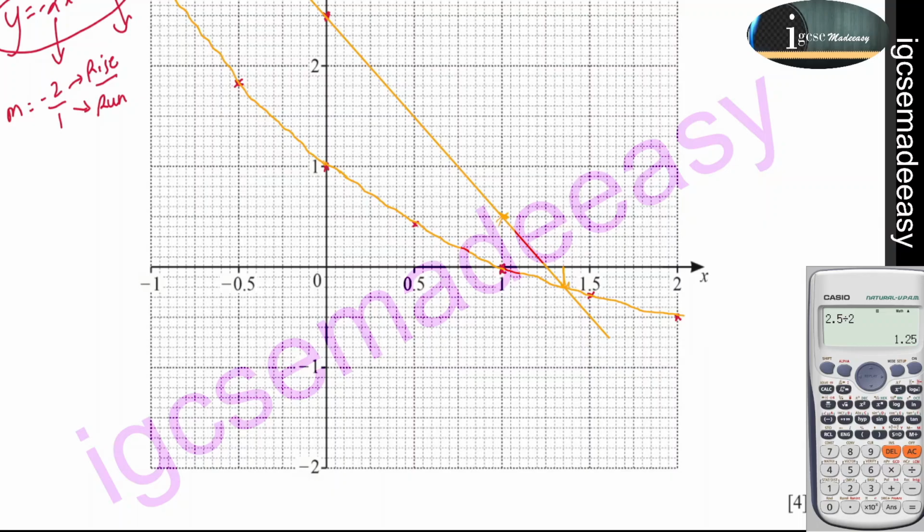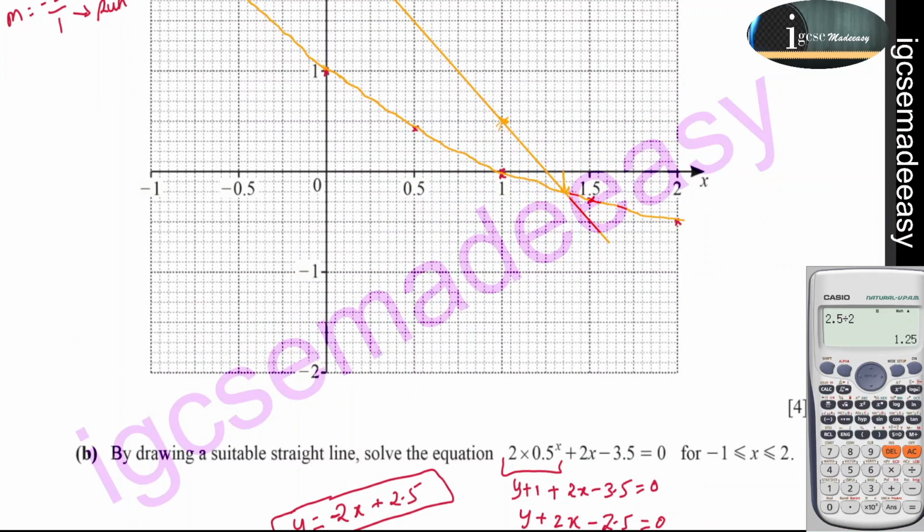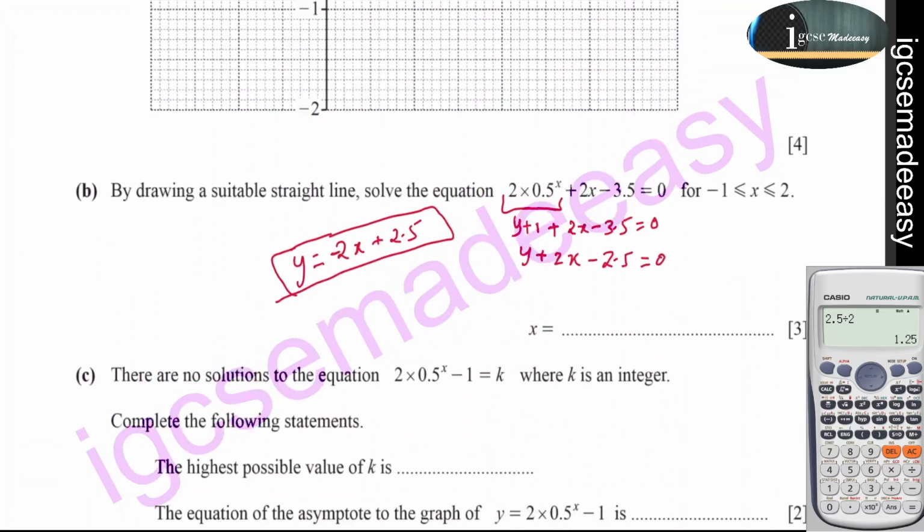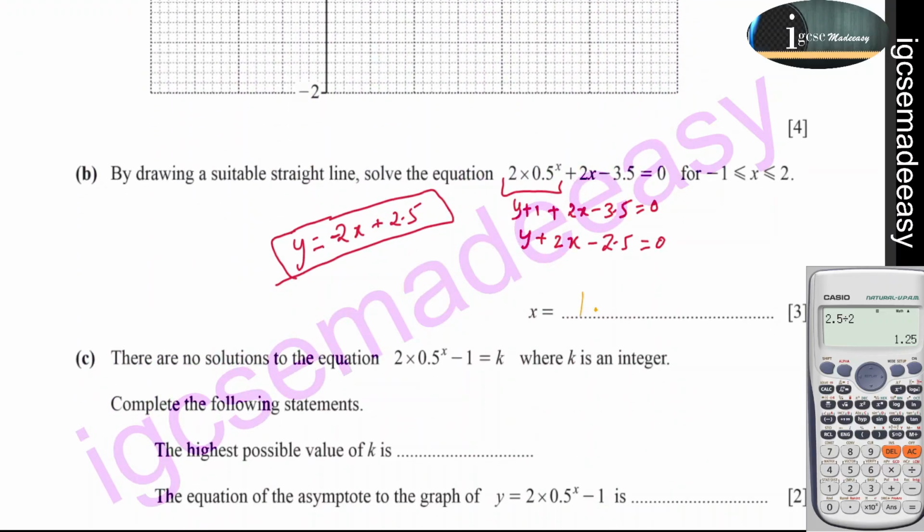That is approximately equal to, this is 1.2, 1.3. Yeah, this is 1.3, around 1.35 I'm getting. Anyway, that will be your rounded answer.